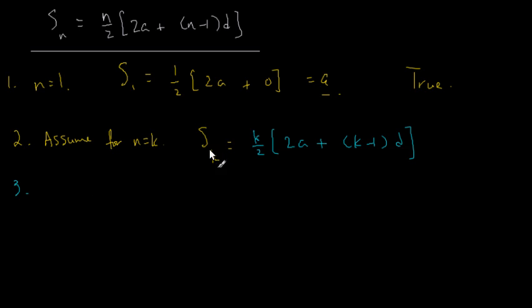Now with this assumption, I need to prove it for n equals k plus 1. So that would be S_(k+1) equals (k plus 1) over 2, putting n there, times 2a plus (k plus 1 minus 1), which is just k, kd.